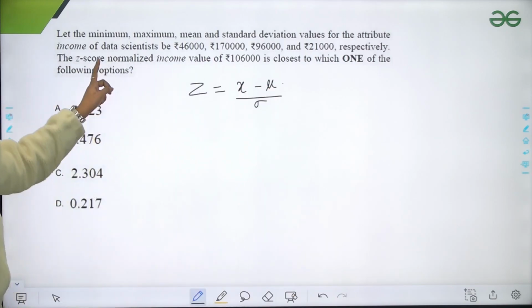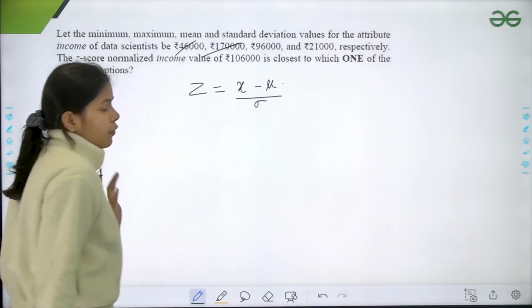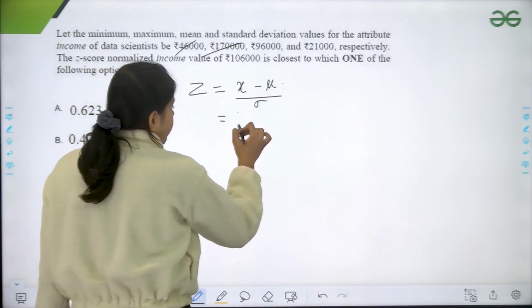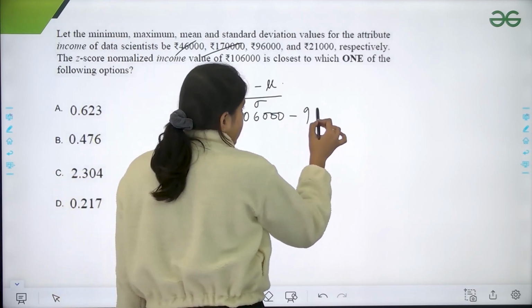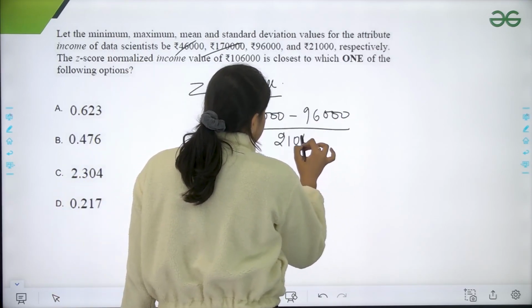So you can see that we have been given minimum and maximum values that are of no use to us, right? So x is what? 1,06,000 minus 96,000 upon 21,000, right?